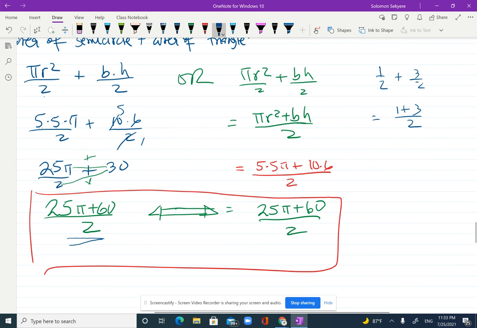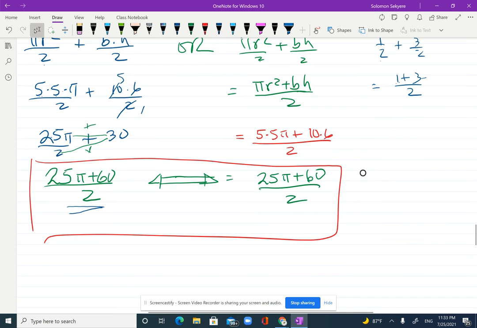Or over here, when you have pi r squared over 2 plus base times height over 2, if you have 1 over 2 plus 3 over 2, when the denominators are the same, you can just add the tops, 1 plus 3 over 2. So here the same, it's pi r squared plus base times height, everything over 2. You plug in your numbers, and you end up with 25 pi plus 60 over 2. There you have it.